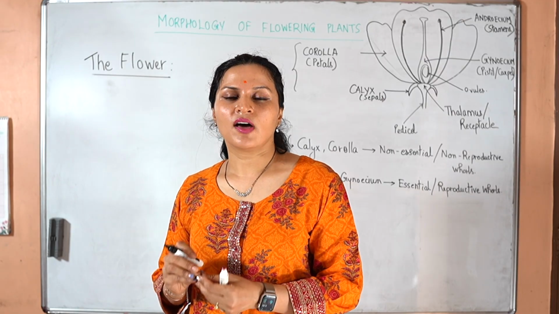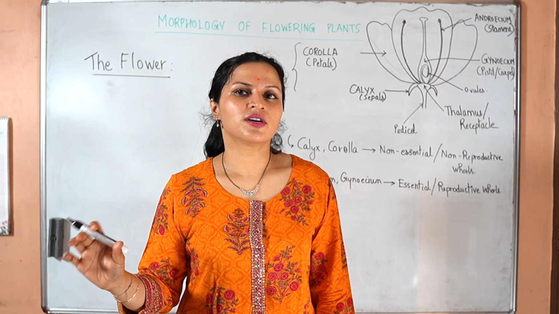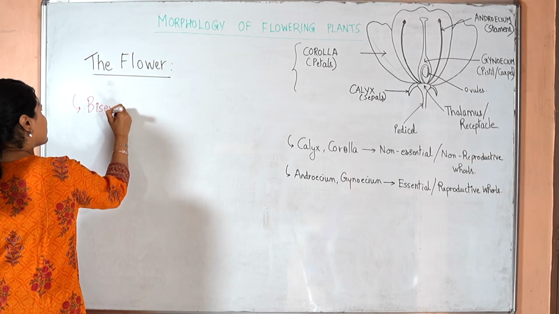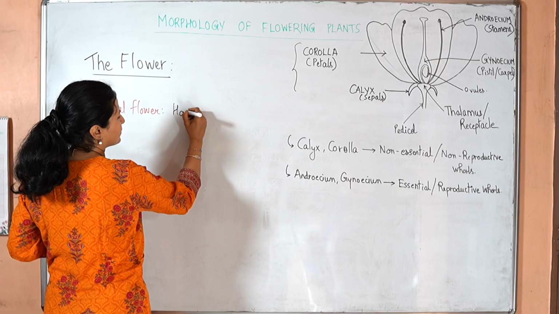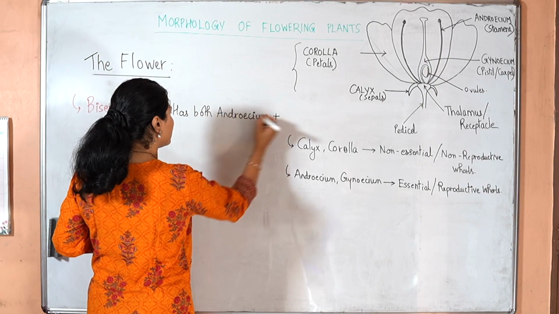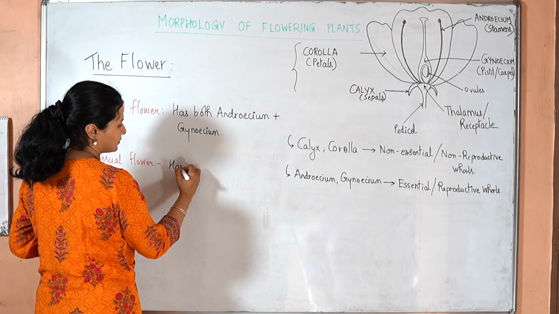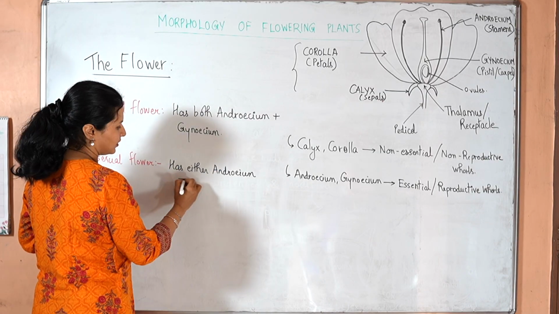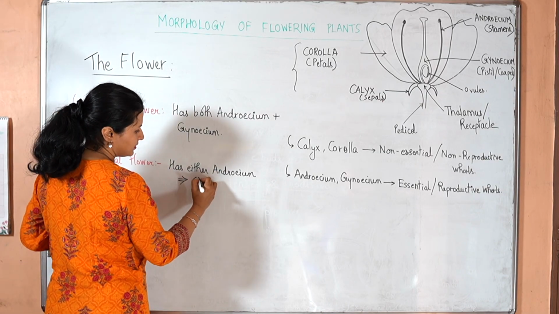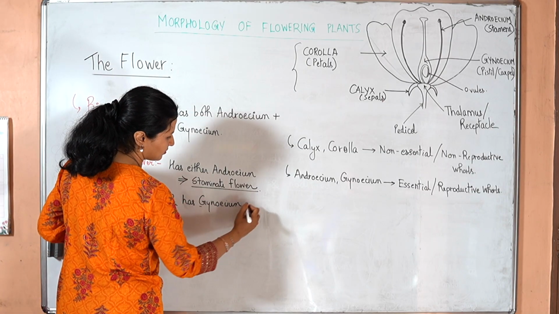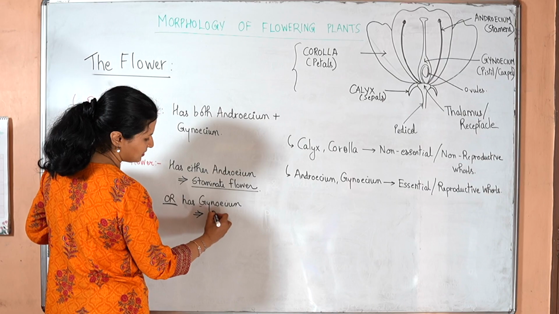And if the flower has only one of the reproductive whorls, such flowers are called as unisexual flowers. Bisexual flower has both Androecium plus Gynoecium, and unisexual flowers has either Androecium, that is in this case they will become staminate flower, or has Gynoecium. In such case, the flower will be called as a pistillate flower.